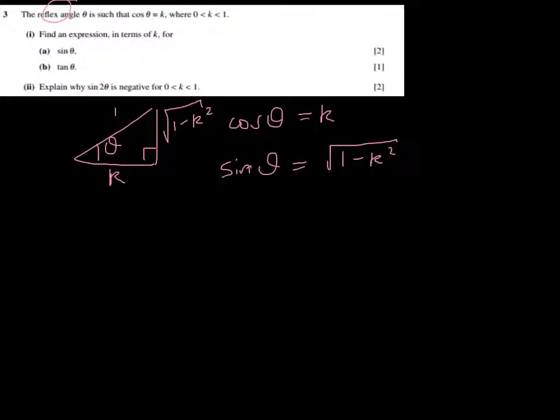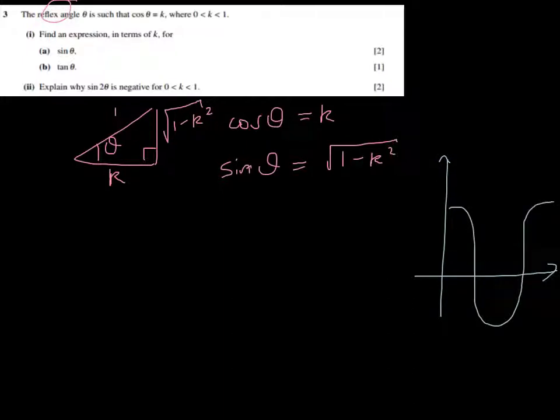So let's just really quickly sketch on the side a cosine function, like so. And we know that it goes from 1 to negative 1, and it goes from 0 to, in this case I'll use degrees, 360 degrees.